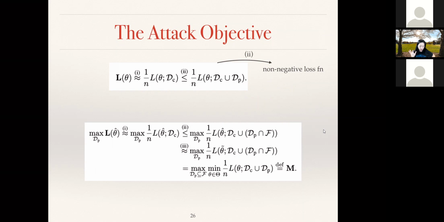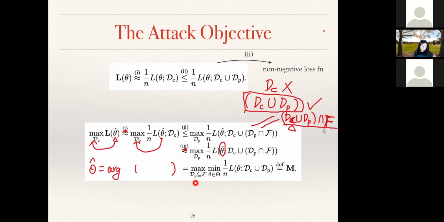As you can see, this DP has to be within F. So you're getting a maximization over the DP, but your maximization is over the minimization of the theta here.